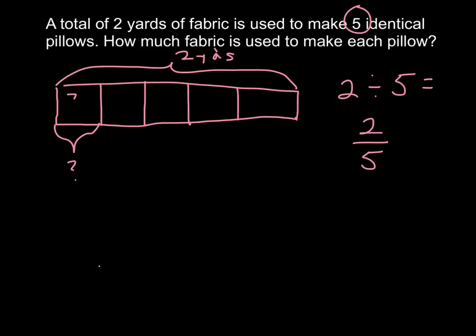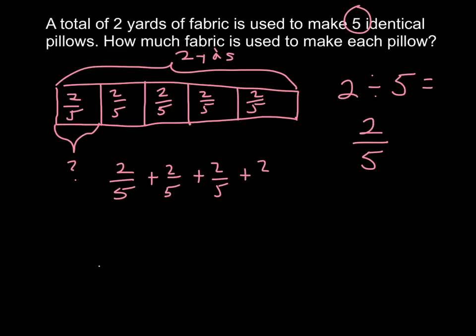Okay? And we're going to do a check, which means that if we had 2/5 in each of these sections for each pillow, our check would be 5 times 2/5, or 2/5 plus 2/5 plus 2/5 plus 2/5 plus our last 2/5, and that is going to equal 10/5.